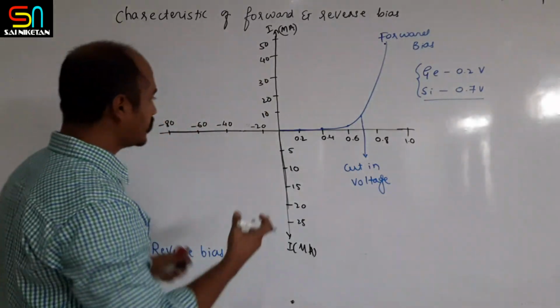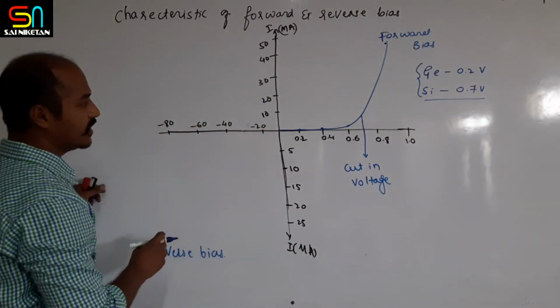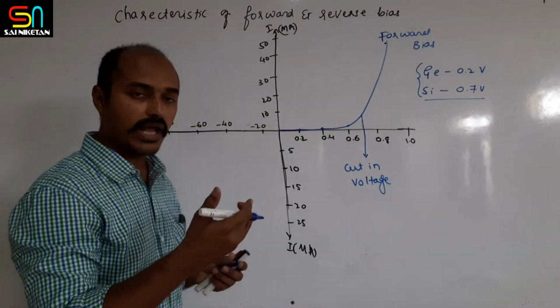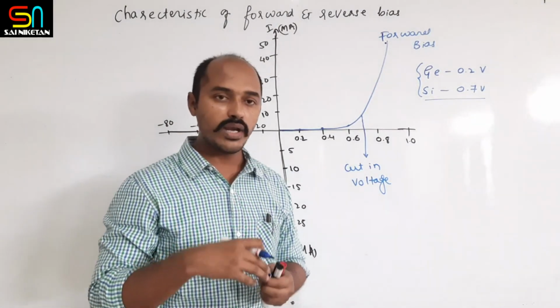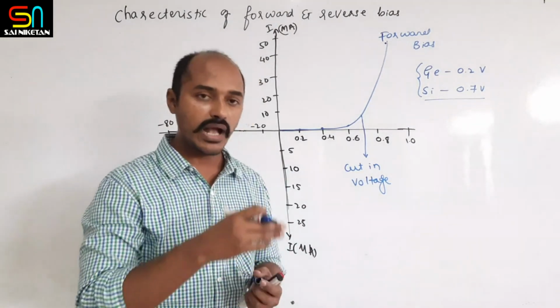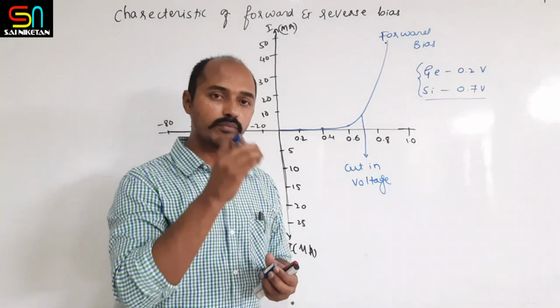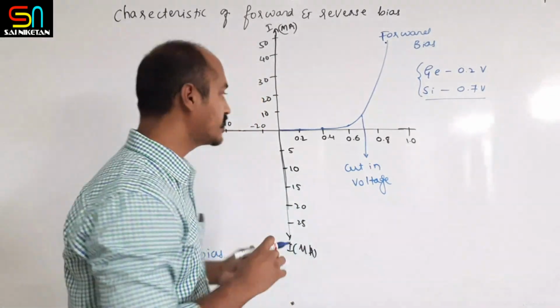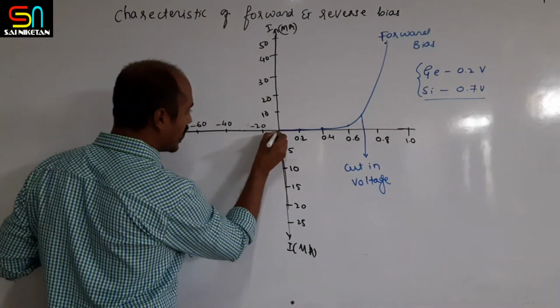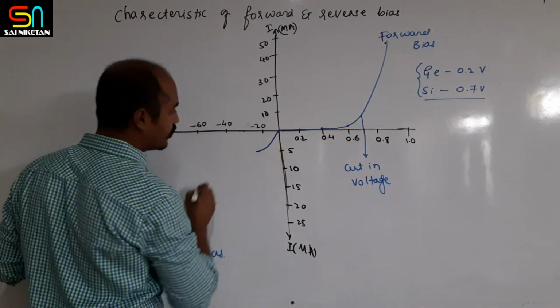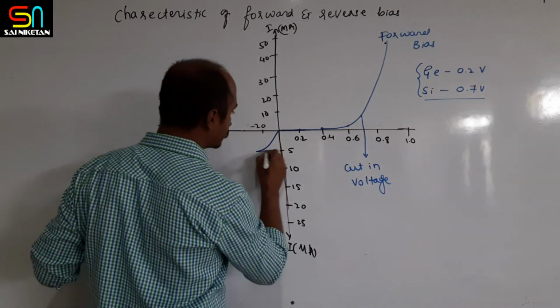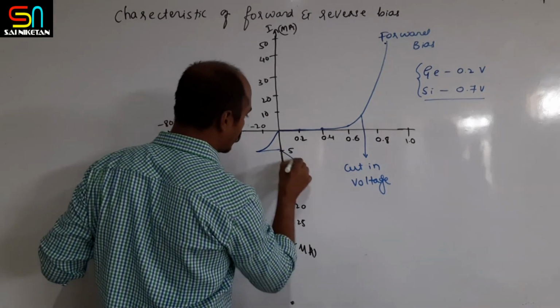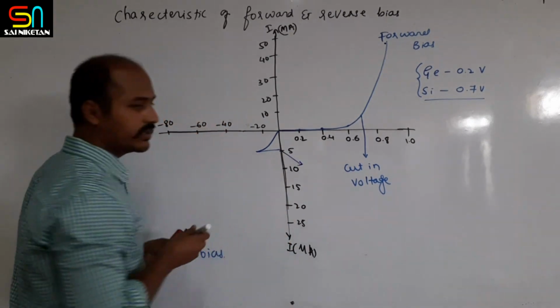And similarly for the reverse bias condition, when the voltage is 0, there is no current. As the voltage goes on increasing, because of the minority charge carriers, the current goes on increasing and reaches a certain value.